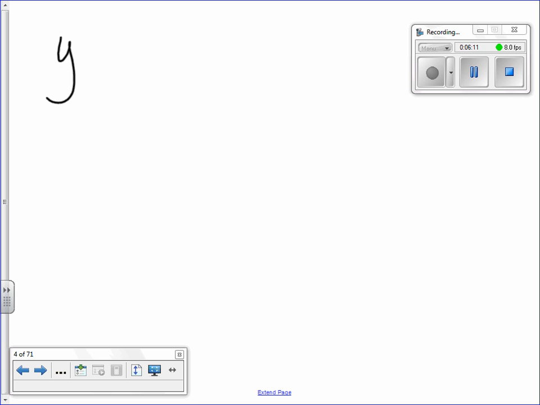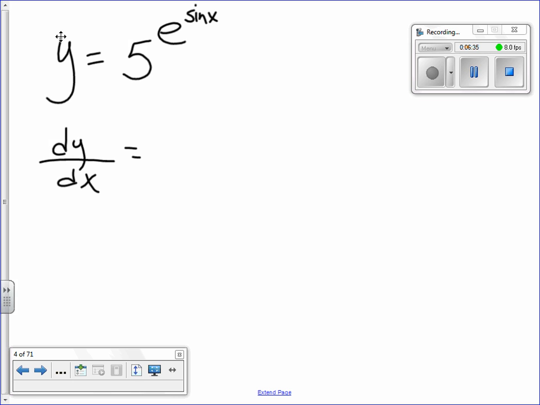We're going to find the derivative of y equals, let's say, 5 raised to the e to the sine x. Bam. We want dy/dx. Now, we need to know a few rules, right?